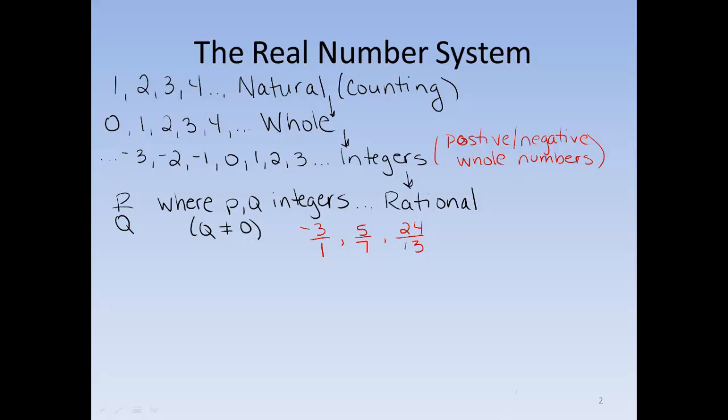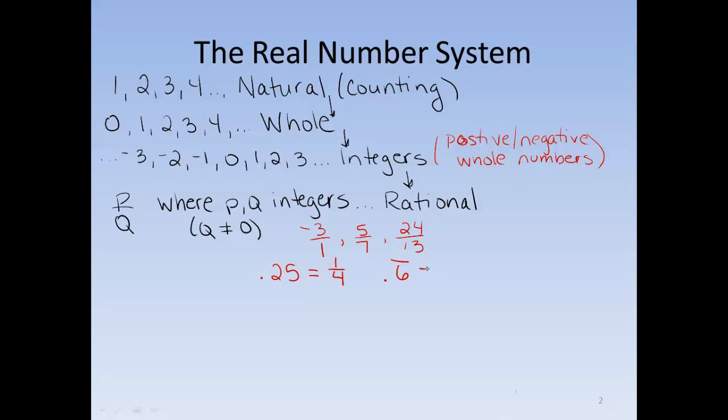Sometimes the question comes up: where do I put the decimals? It depends on where they go. If I take a decimal like 0.25, I can write that as a fraction, 1/4. So 0.25 is rational because I can write it as a fraction.